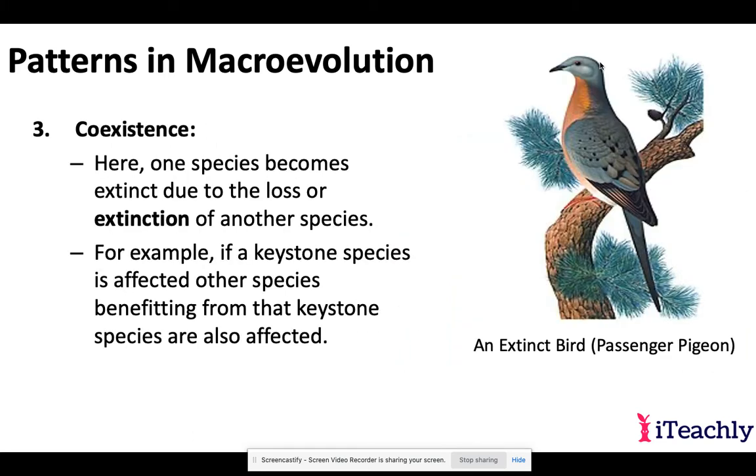Another pattern of coevolution is coextinction. This is when one species becomes extinct due to the extinction of another. An example of this is the passenger pigeon. Imagine you are relying on an organism for your food, and that food source is now eliminated.